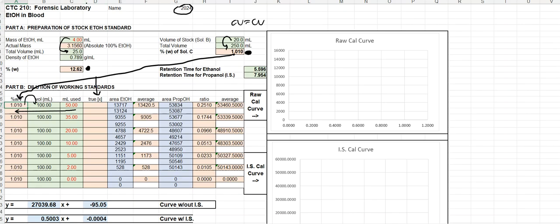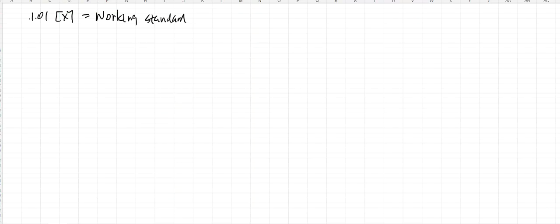So 1.01 is our magic number. That's our magic concentration, right? So 1.01 is the concentration of what we called the working standard. This made all of the other standards that we used in the headspace system.